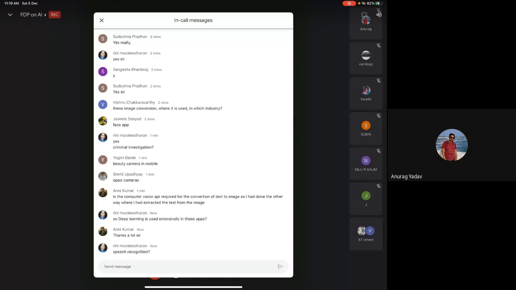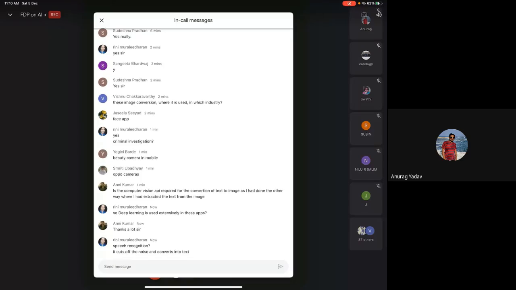It may cut off the noise and convert into text. Yes, it can do that as well. It is actually online. You speak in Hindi and it will convert it online into Japanese speech. What is the need of it? Yes, that is the thing that we talk about.